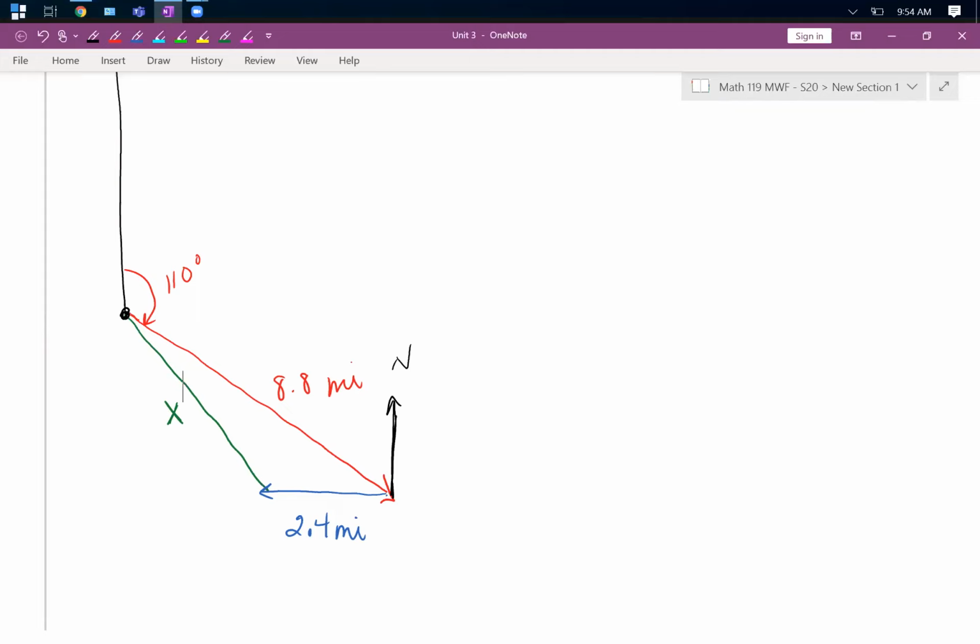Ideas? Anything? Now, remember, this big angle here is going to be 90 because we have a due north line and a due west line.